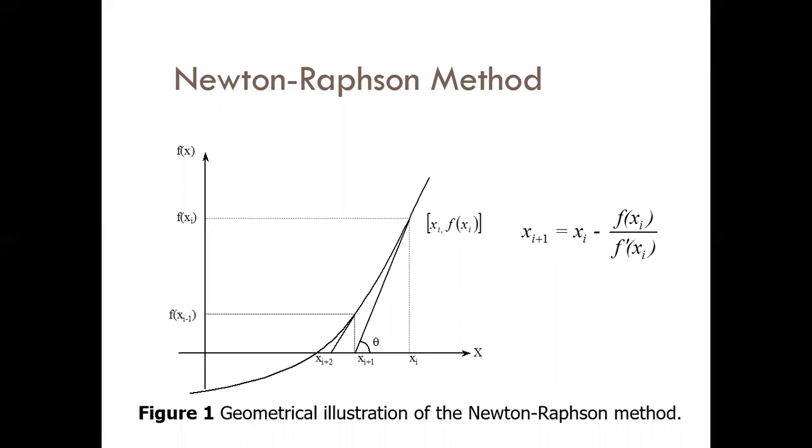This is called the new guess, that is xi plus 1. The value of the new guess, or root, is estimated by drawing a tangent at the point whose coordinates are xi comma yi.